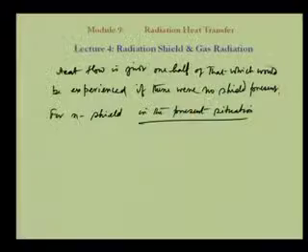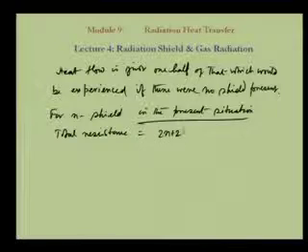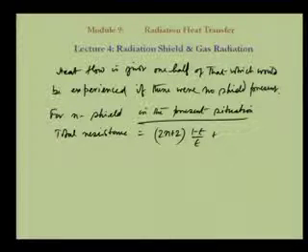Now, when n shields are present, the total resistance will be 2n plus 2 times (1 minus epsilon) by epsilon. This is the surface resistance: 2n surface resistances for the n shields, and 2 surface resistances for the two plates, so the total surface resistance is 2n plus 2, with the same area, plus (n plus 1) into 1.